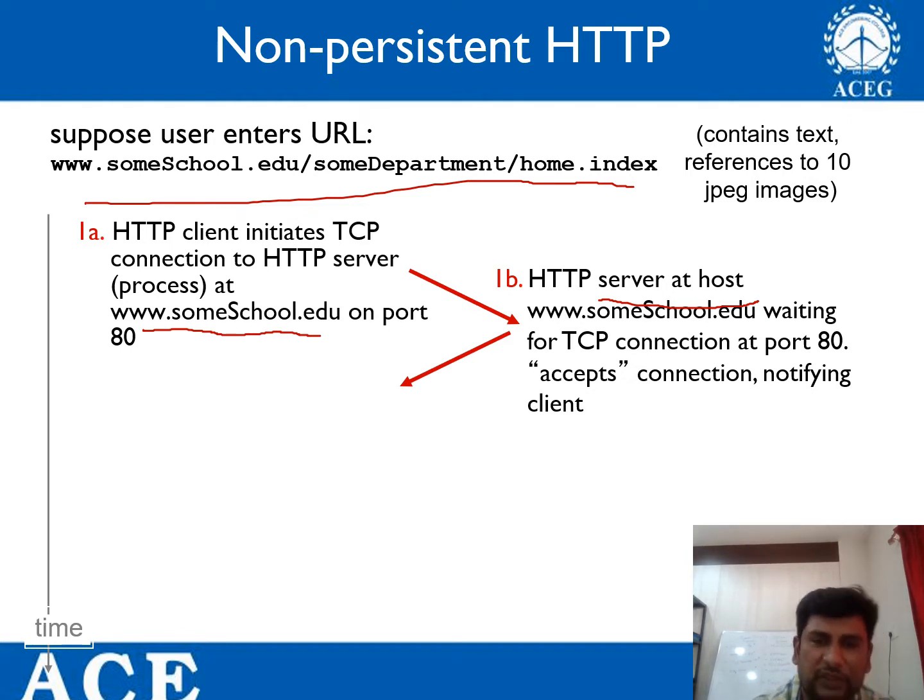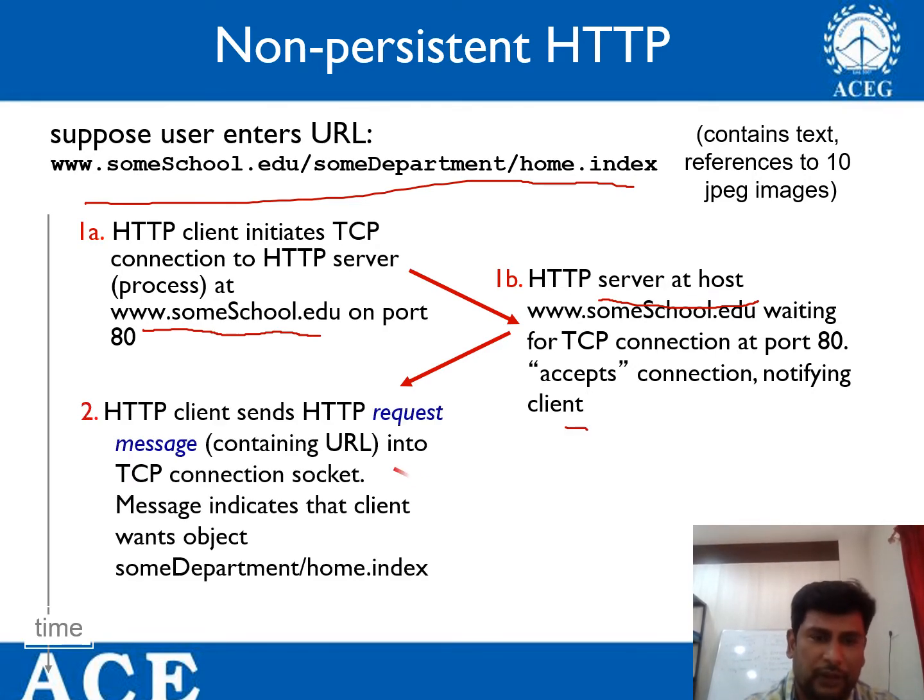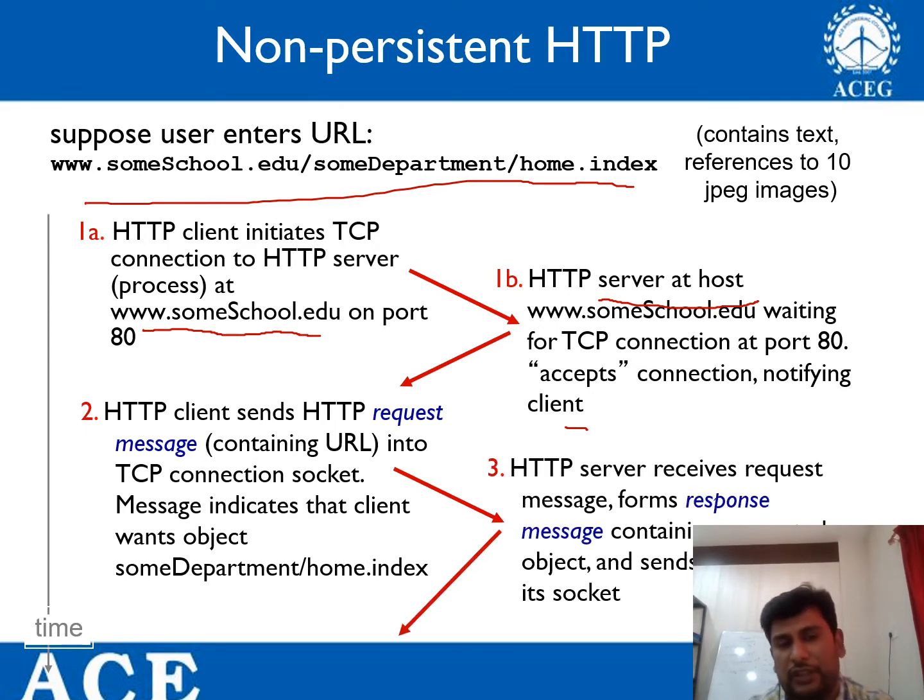Once it receives this request, it accepts the connection, notifying the client, yes, I have accepted your connection. Once the connection has been established, the HTTP client sends an HTTP request message containing that URL through the TCP connection socket. This message indicates that the client wants a particular object.